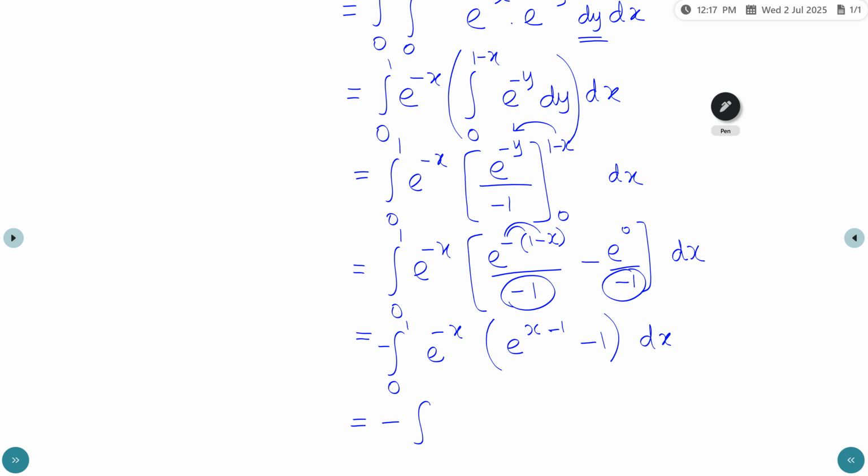So minus integral over 0 to 1, multiply this term by both here and here.